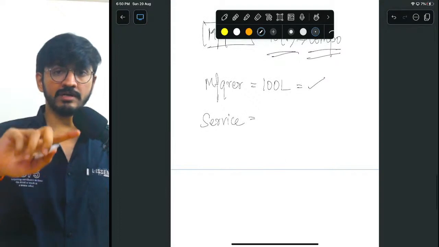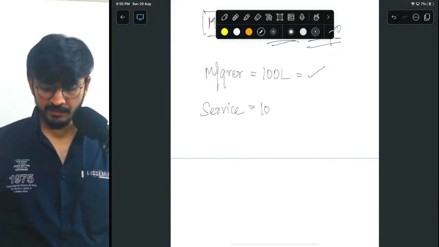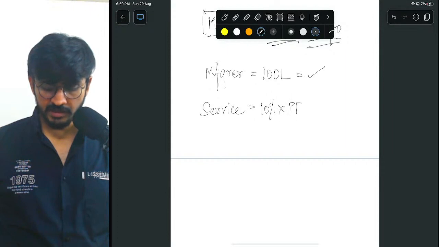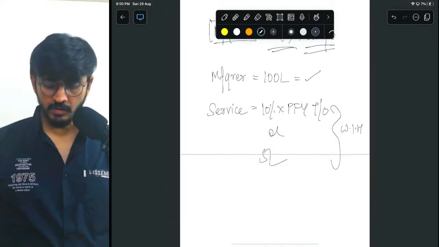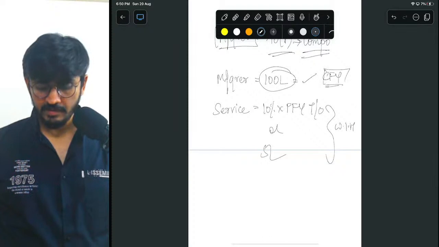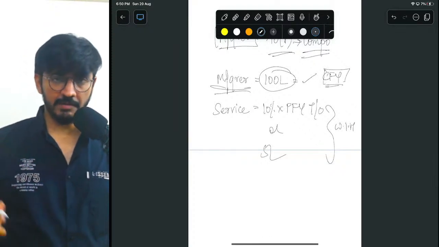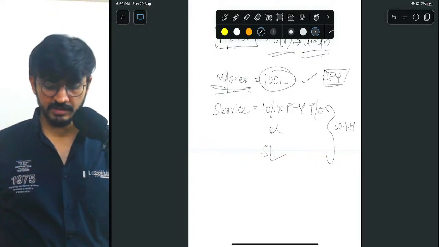Only to a certain extent. And what is that extent? The government said 10% of the preceding financial year's turnover or 5 lakhs, whichever is higher. So this is the current financial year's data: you have sold goods worth rupees 100 lakhs in the current financial year.